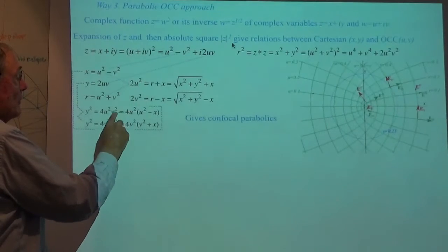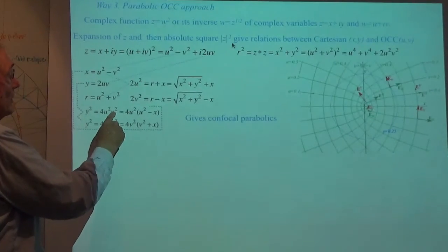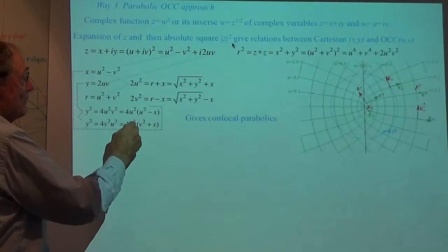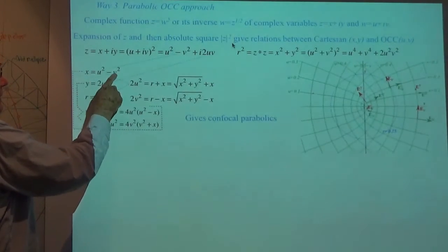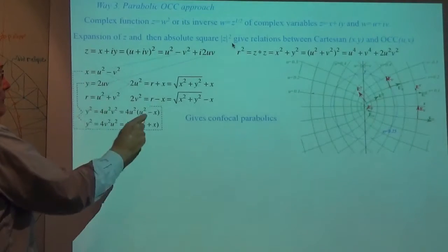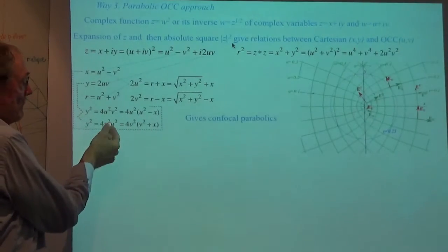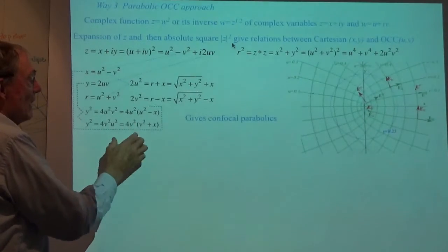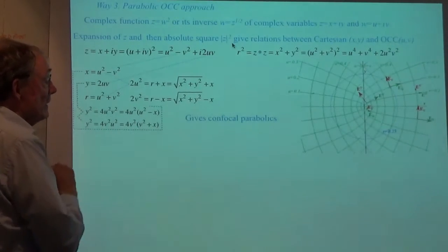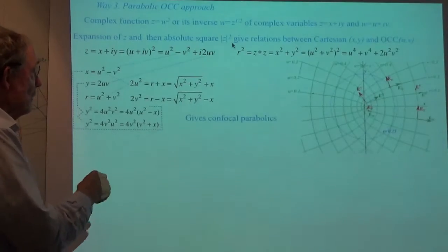It's u squared times v squared. We already said that we can get v squared from this equation right here, u squared minus x. Or we can write it backwards, v squared u squared, and use this thing as the 4p of a parabola, and then this thing right here is the independent variable, v squared.